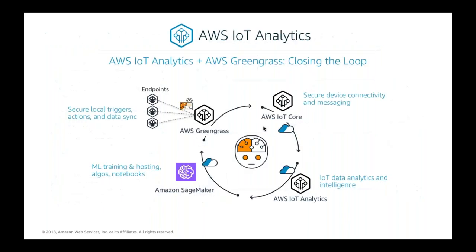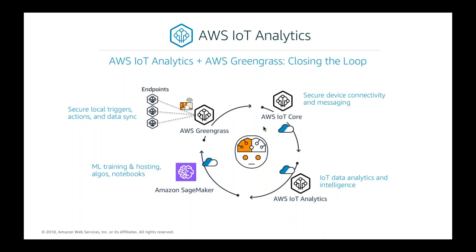Now, I wanted to bring this into context, where does IoT Analytics fit when we look at the overall IoT devices lifecycle. So we talked about Greengrass, and Greengrass can help you run the logic around data, processing this data locally on the device, as well as run machine learning models as well. One of the features we have launched with Greengrass is Greengrass ML inference.